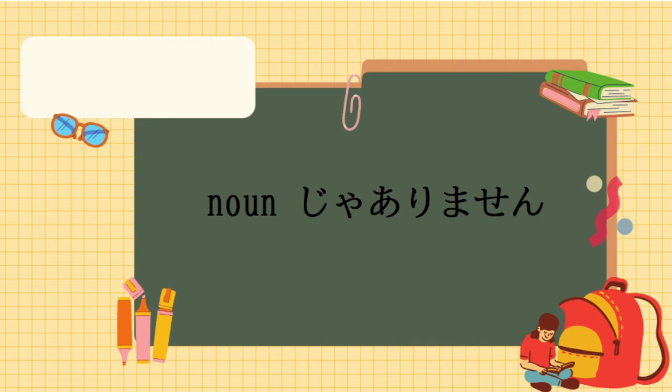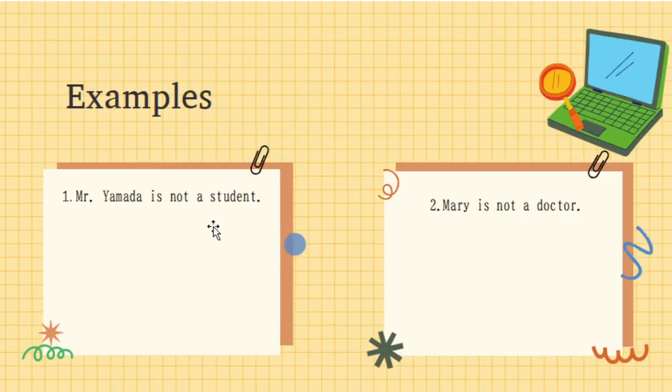Okay, next. For our noun ja arimasen. This ja arimasen is used to negate the noun desu. As you can remember, we have already discussed the noun desu. So if you want to say Mr. Yamada is not a student: as you can remember, our example in the last discussion was "I am a student".